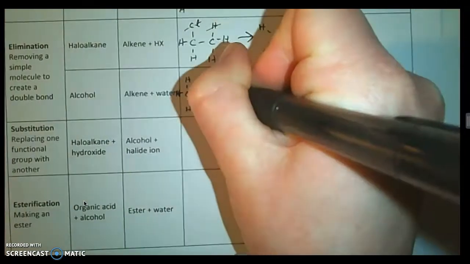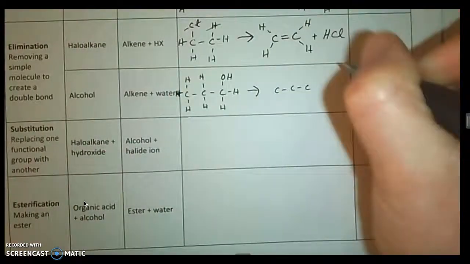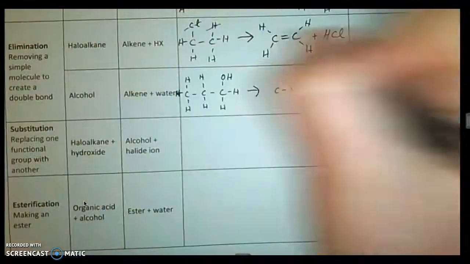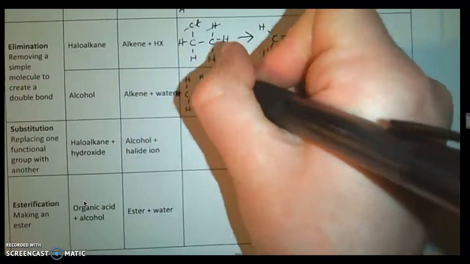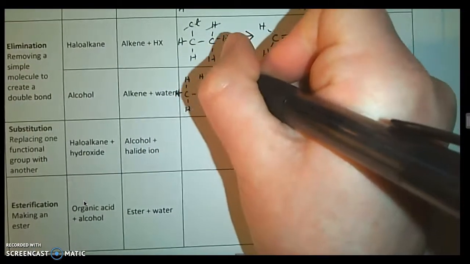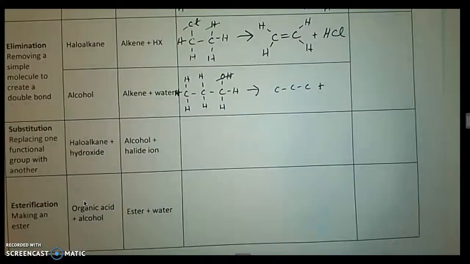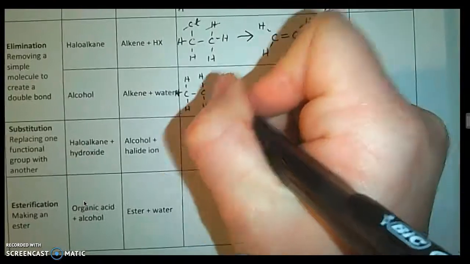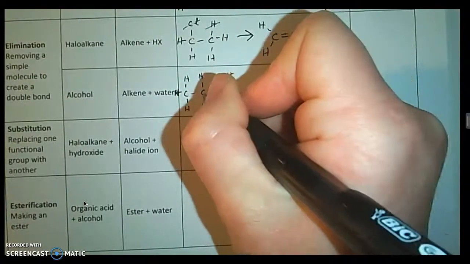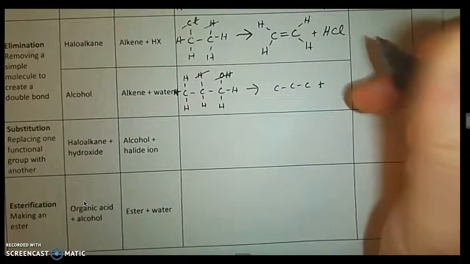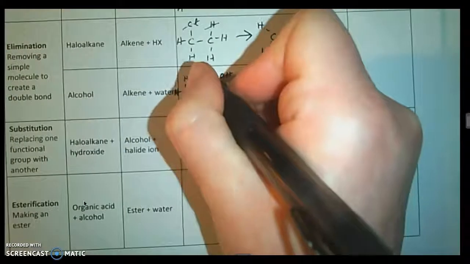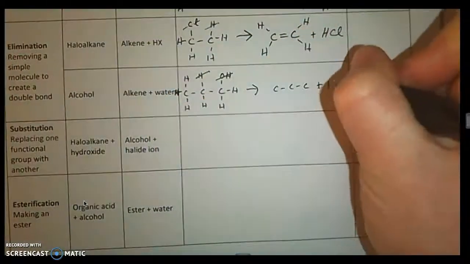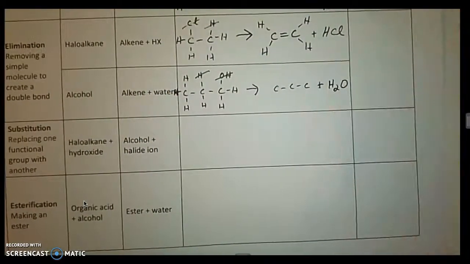Because I'm doing an elimination reaction, I'm removing some atoms. I'm going to take the hydroxyl group, which makes this an alcohol, and then I'm going to take one of the hydrogens from the carbon right beside that. Because I have an H here and an OH here, that means I'm eliminating water.